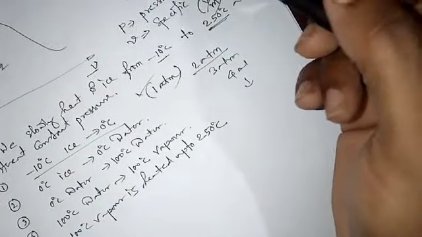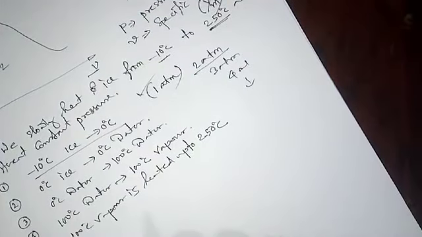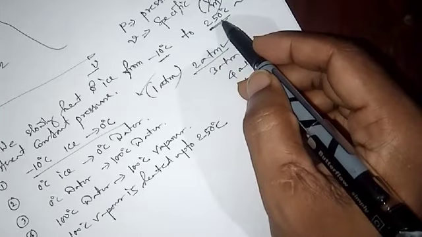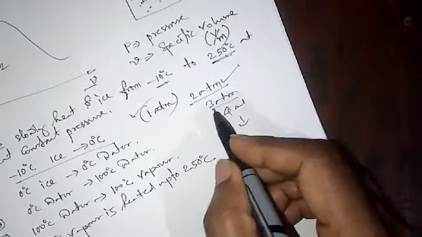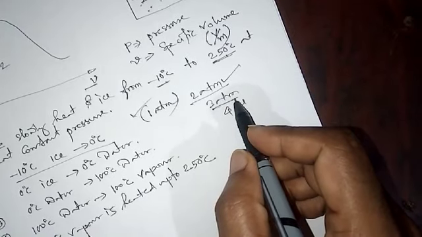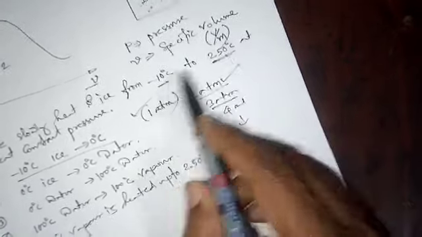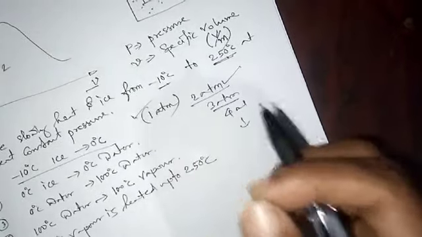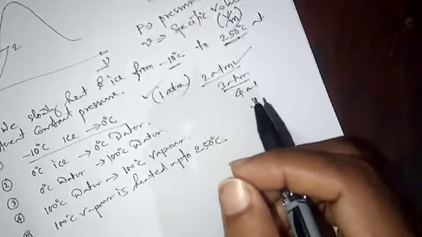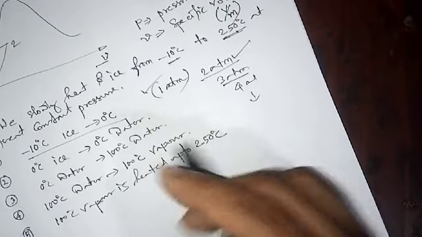After this, we will heat the ice at 2 atm from minus 10 to 250 degrees centigrade, and then at 3 atm constant pressure from minus 10 to 250 degrees centigrade, and we will plot the different states that are achieved on the PV diagram so that we can get the graph.